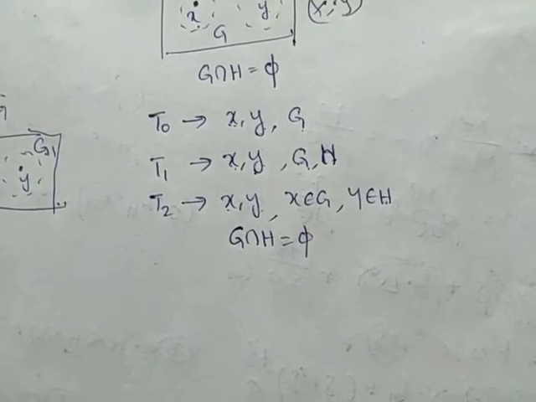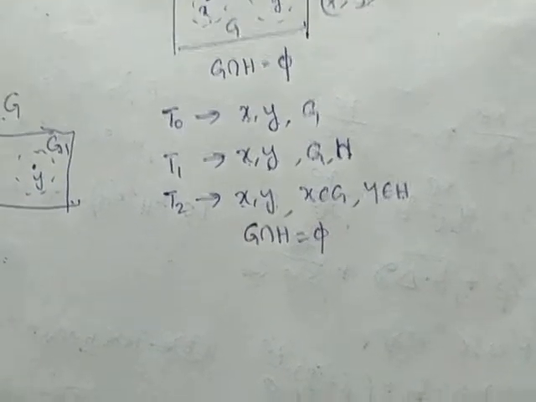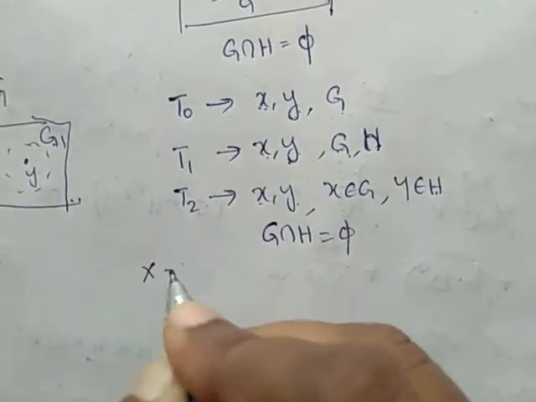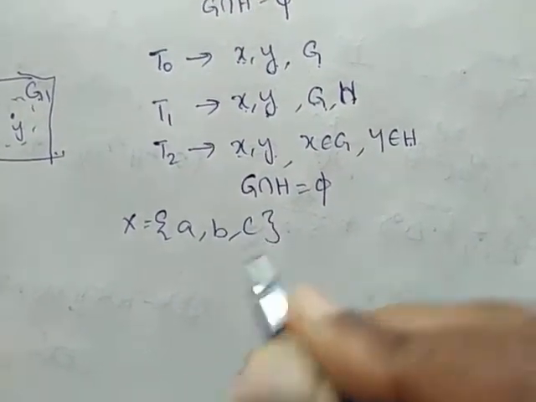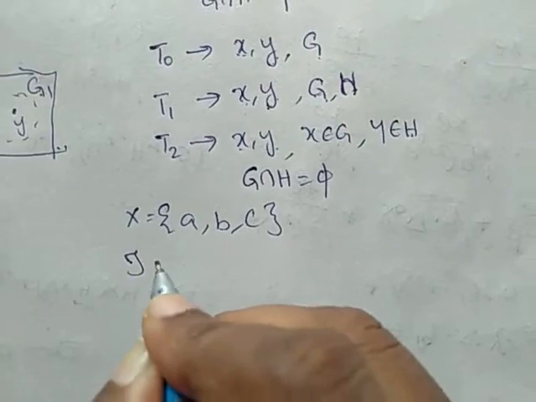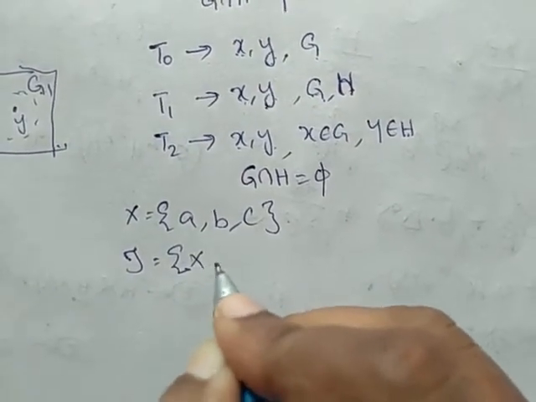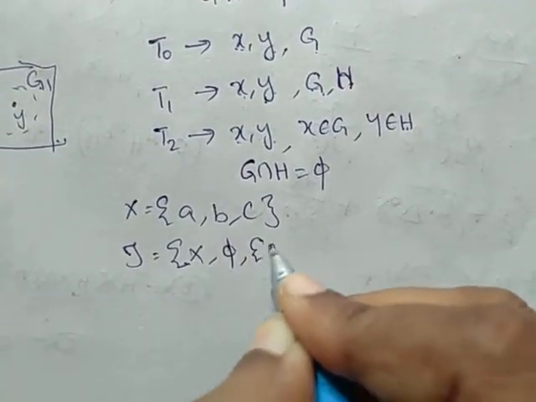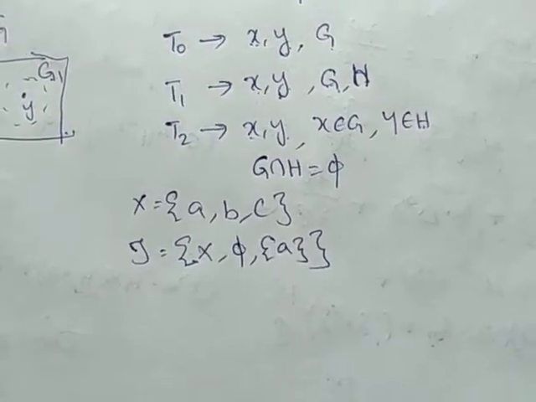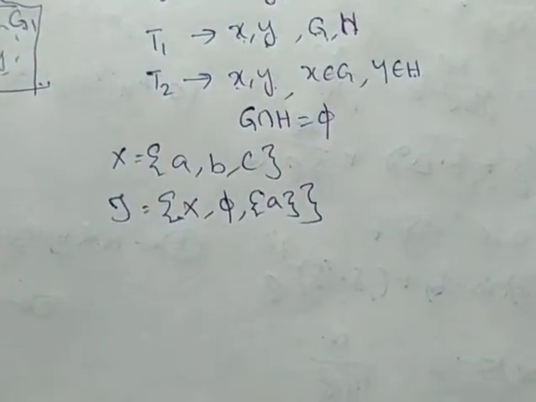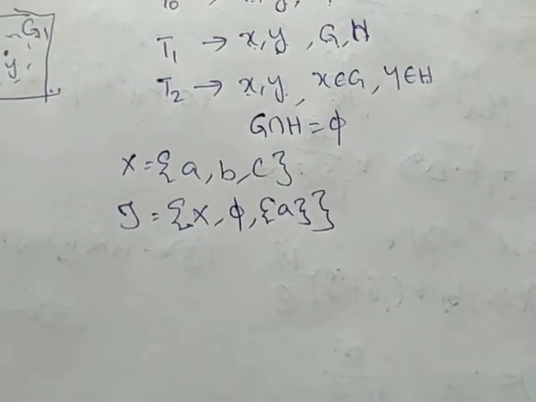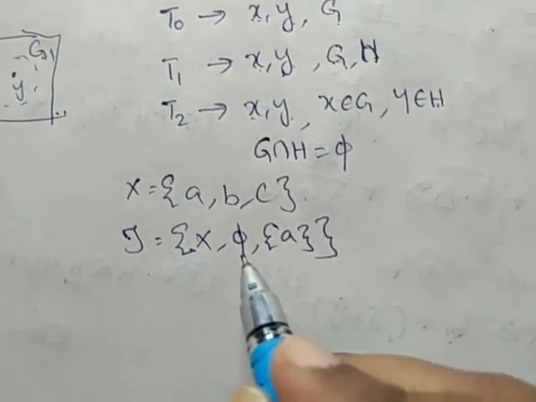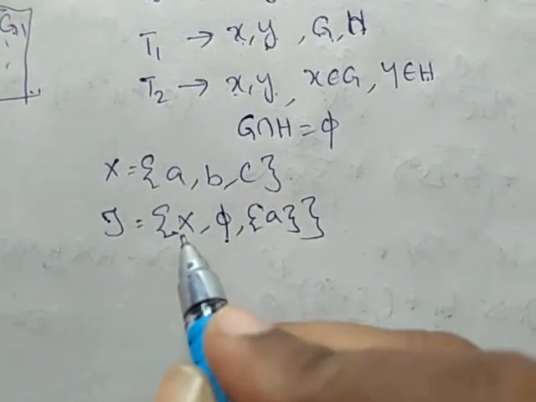For example, if I define X as {a, b, c}, and if I define a topological space as tau = {X, phi, {a}}. So this is our topological space. All the four conditions are satisfied here. The empty set belongs to tau.